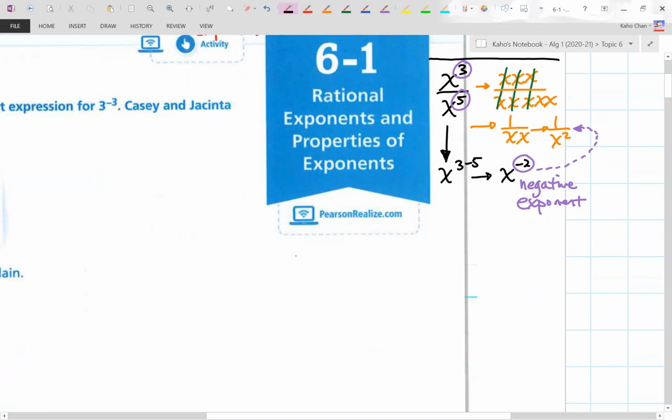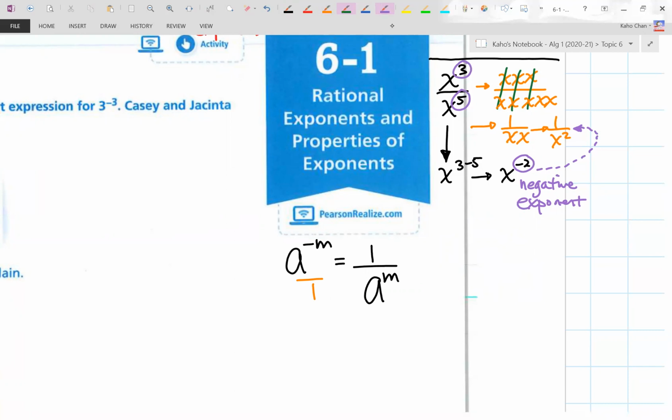If you ever get a negative exponent, a, let's just use a generically, to the negative m power, this will equal 1 over, or 1 divided by a to the m. In a way, it's called reciprocating the base. That is the key with the negative exponents.